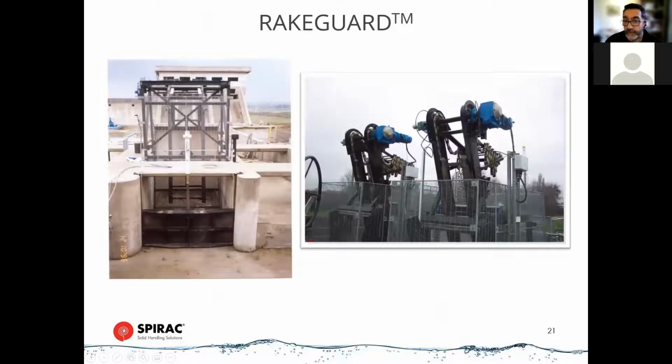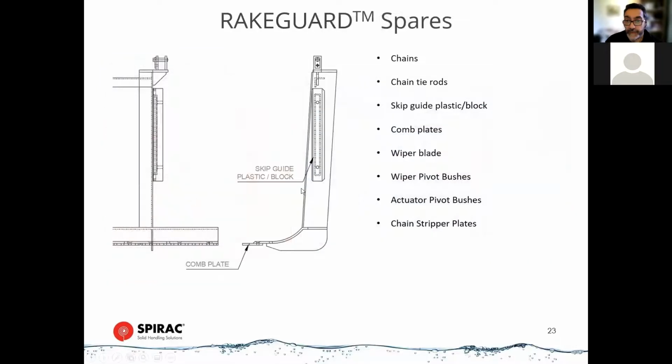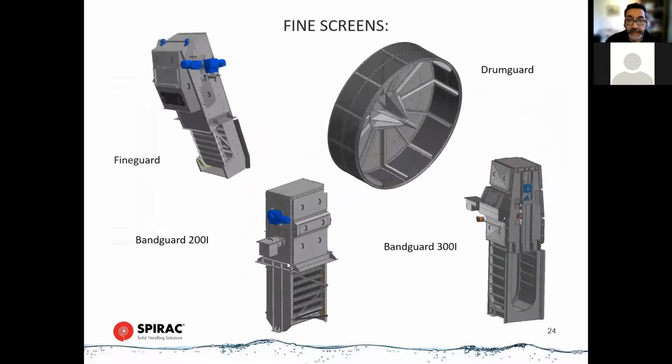And this just shows some pictures of what this actually looks like when the chain is gathered up here at the top and the rakes are at their highest position. Obviously there's a penstock in front of the screen there, just isolating the flow, but you can see how that screen might be installed there. Typical spares would be the chains and any wear plates and this kind of thing, which of course we can provide.